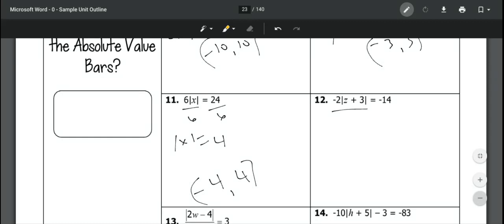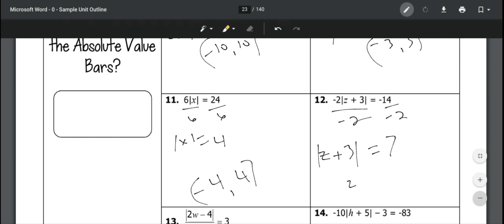Okay, again, we're going to divide by negative 2. So we have z plus 3. And now that that's isolated, we have to remember to set each of them equal to the positive and negative of the number on the right.